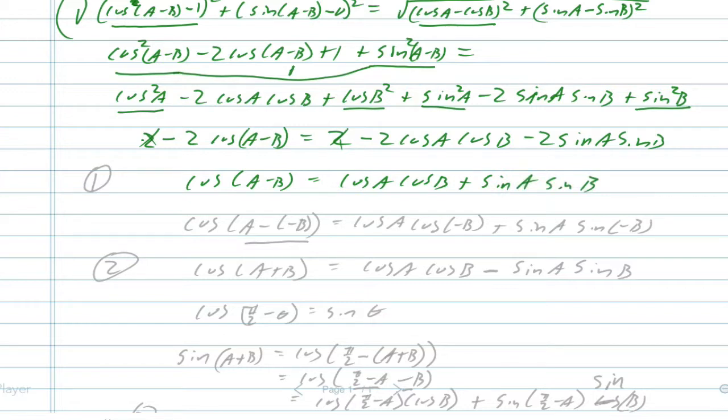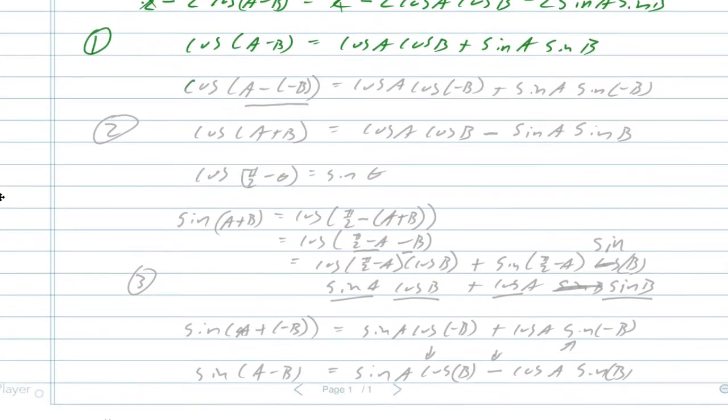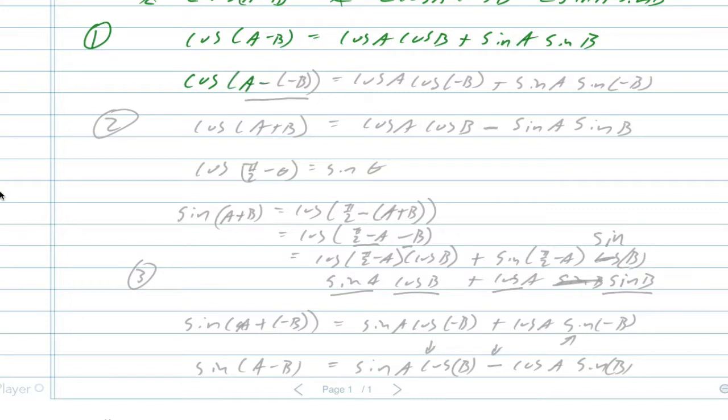Okay, now that is our first of 4 identities. So we have cosine (A minus B). Well, I'm going to try something cool here. I'm going to say cosine of A minus negative B. I can do that, right? I just replace B with negative B. And that will be cosine A cosine negative B plus sine A sine negative B. Well, I did that because cosine (A minus negative B) is cosine (A plus B).